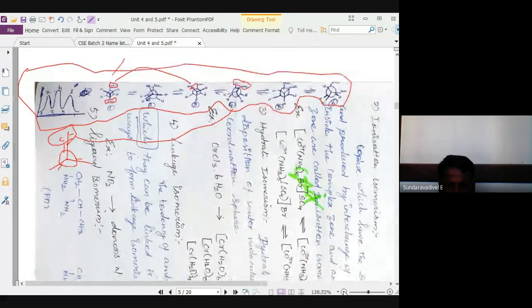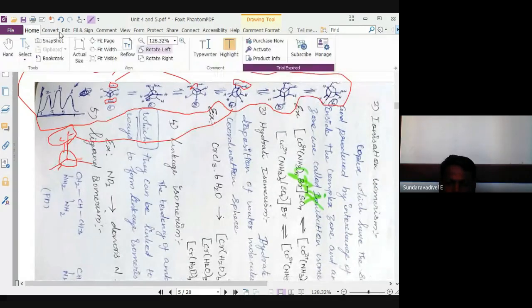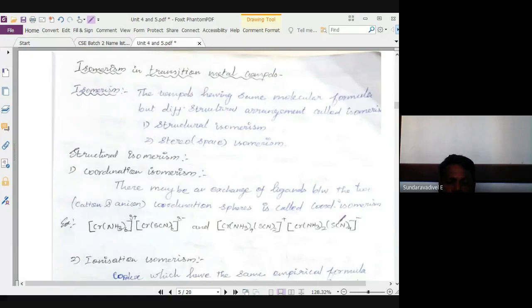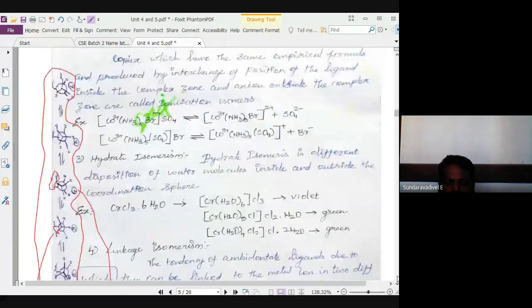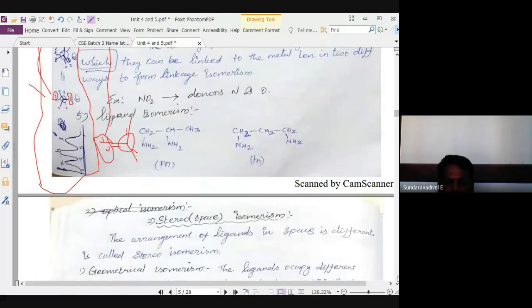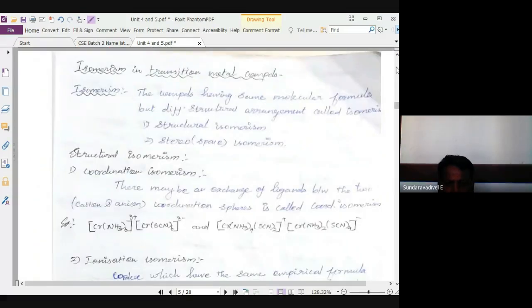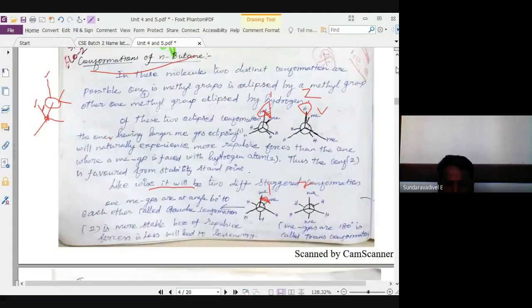Then you have to write the explanation. Why is the first compound more stable? Because it is in the trans conformation. Look at it here, this one.